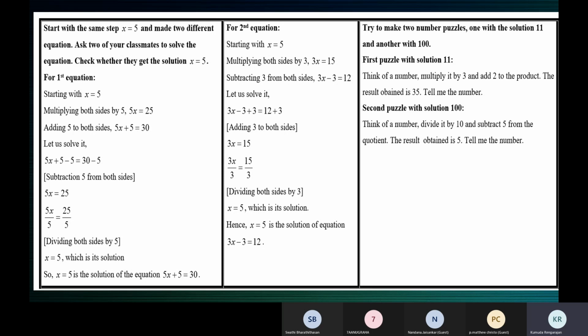So for the solution 25, think of a number, divide that number by 5. So you're going to get 5. When you divide, the quotient is 5. Then she said, subtract 5 from the quotient. So then it will be 5 minus 5, 0. The result is 0. Tell me the number.